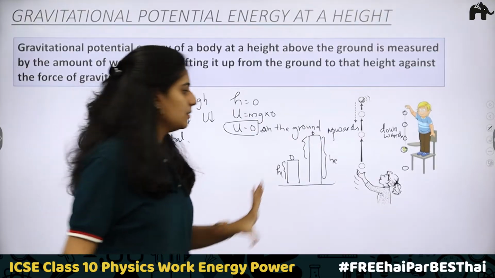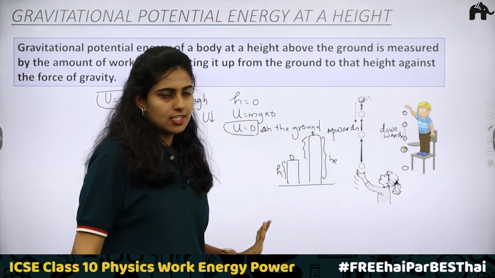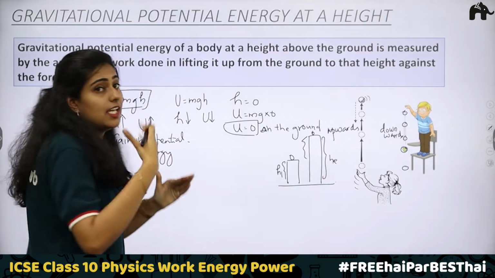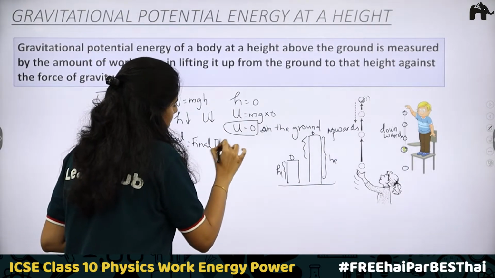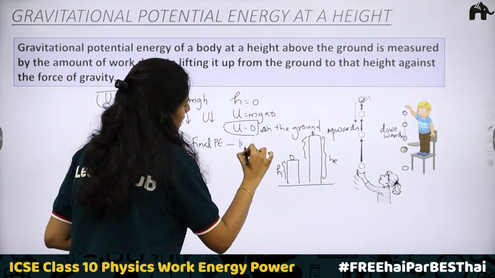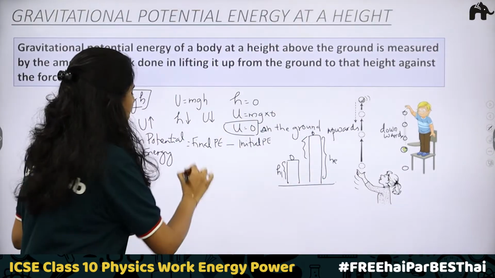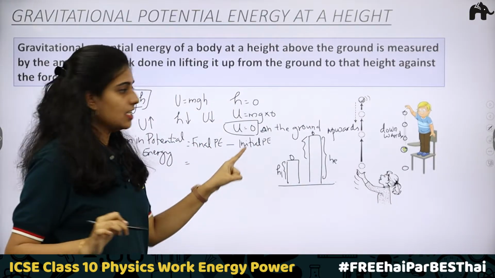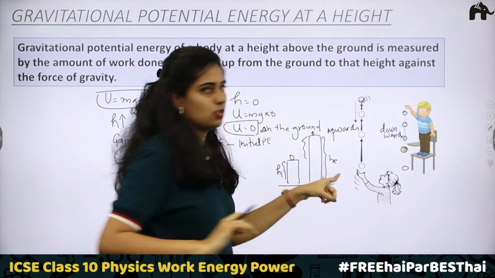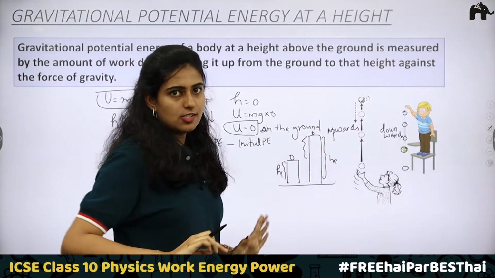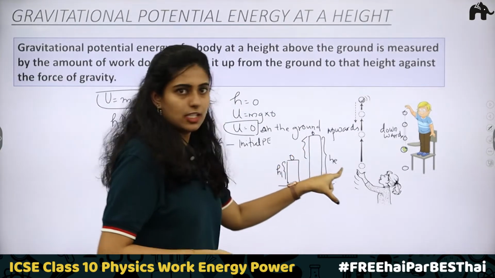Gain in potential energy depends on the initial potential energy and final potential energy. So the gain in potential energy, the change in potential energy, is final potential energy minus initial potential energy. Here, what is the final potential energy? Final potential energy is the energy possessed by the body at a height h2. Mass does not change, acceleration due to gravity does not change, height becomes h2.